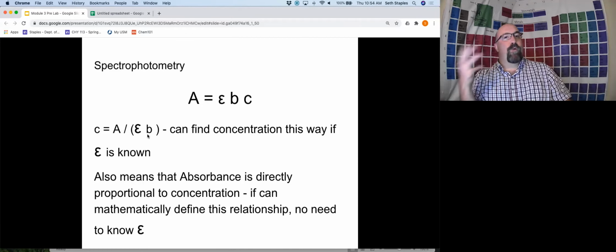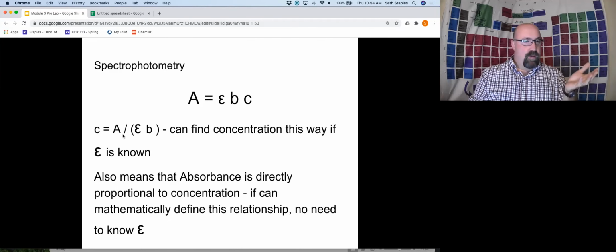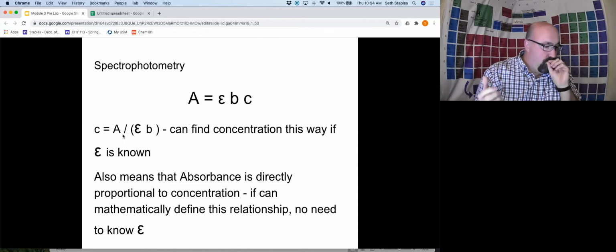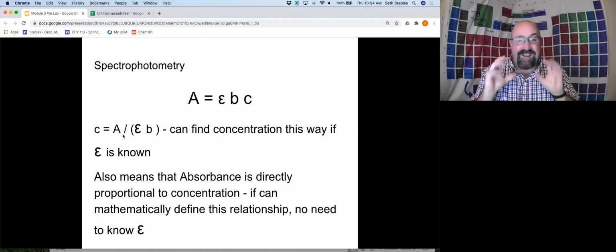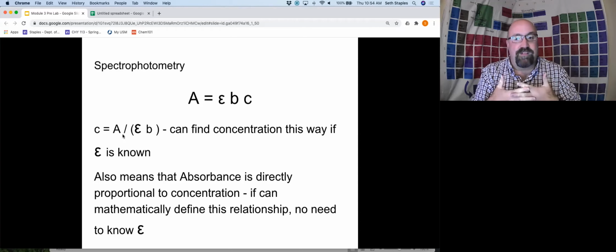If we know the molar absorptivity coefficient, then we can simply measure the absorbance, plug it in here, and we're able to find the concentration. Beer's law is sometimes used in this way. If the molar absorptivity coefficient of a particular substance is directly known, then we can run it in this way.